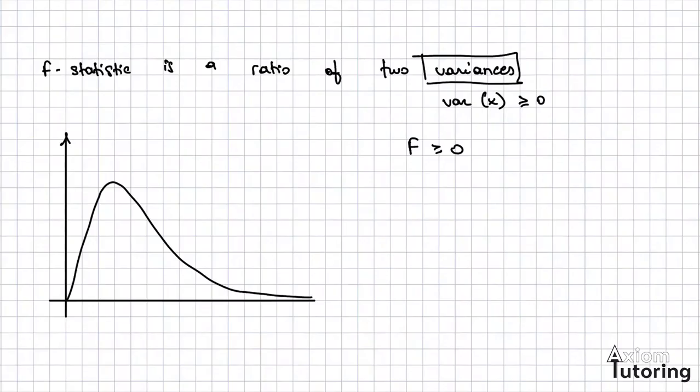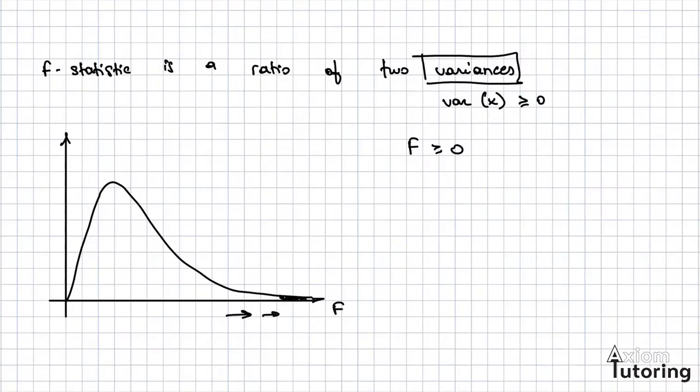Keep in mind that any large values of F will be in this direction, which means that the larger the F comes, the larger the explained variation will be relative to the unexplained variation. That's why the rejection region can only be found in the right tail, and that's why the F-test is one-sided.